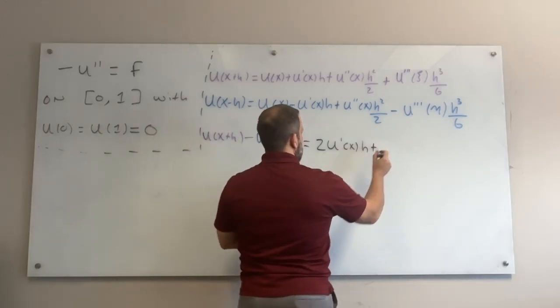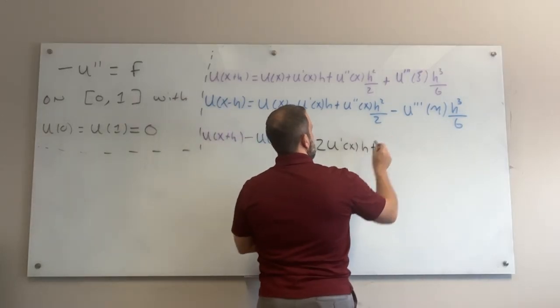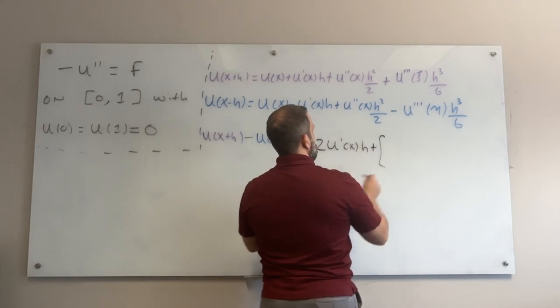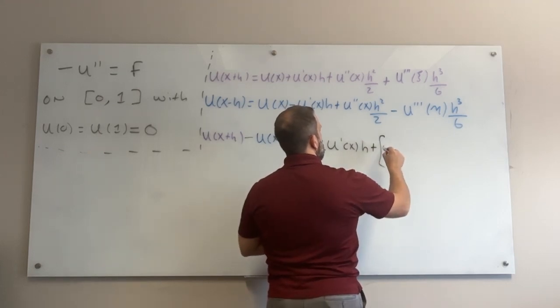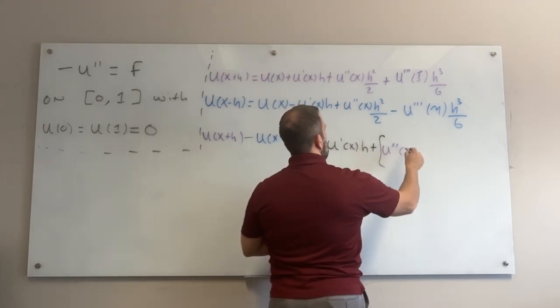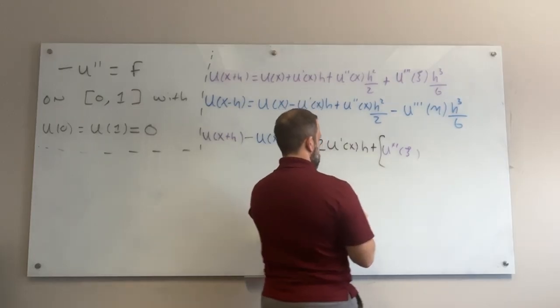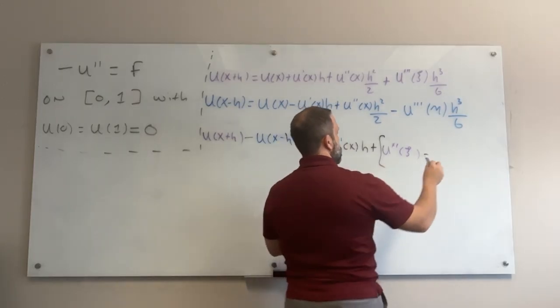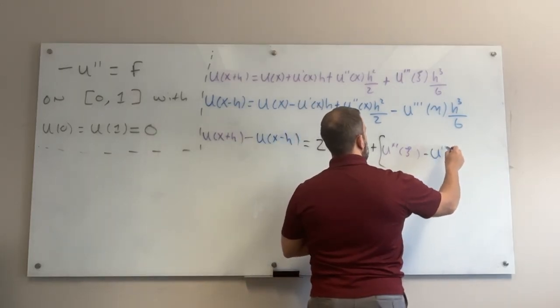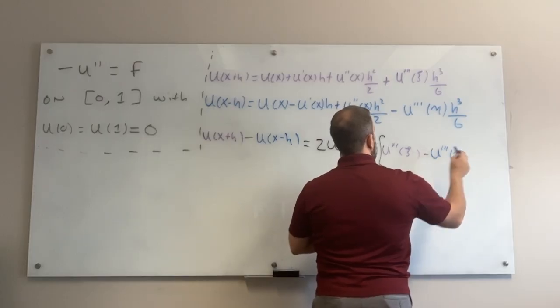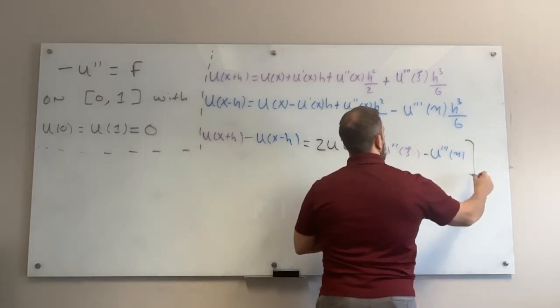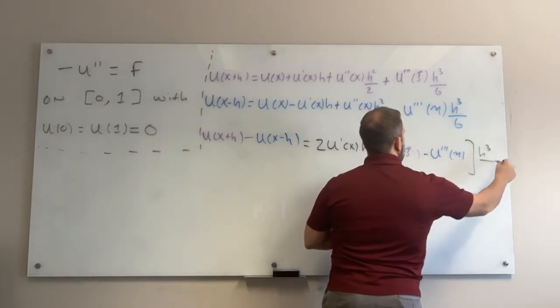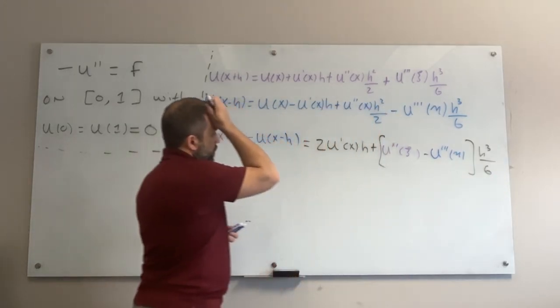And then we're going to have plus u triple prime of c minus u triple prime of eta, and then all of this multiplied by h cubed divided by 6.